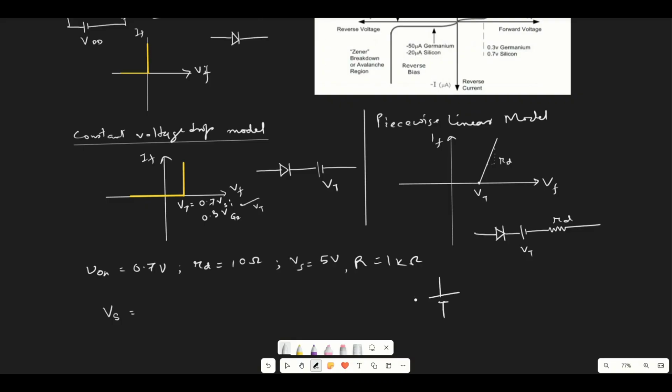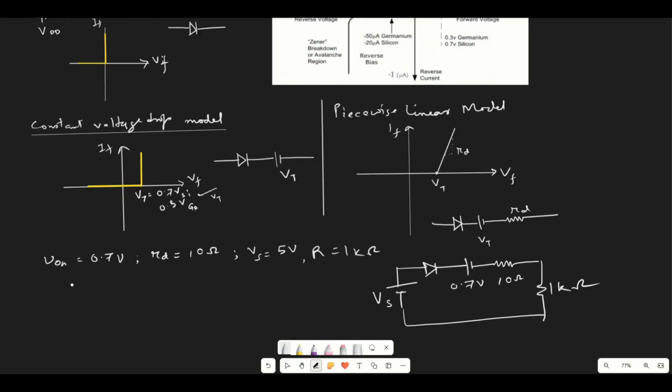That is a simple circuit containing a diode supply, which is Vs. Then we have an ideal diode, then a constant voltage drop model, so it is 0.7. Then we have the piecewise linear configuration, for which we have a resistance of 10 ohm, and the resistance of the load is given as 1 kilo.